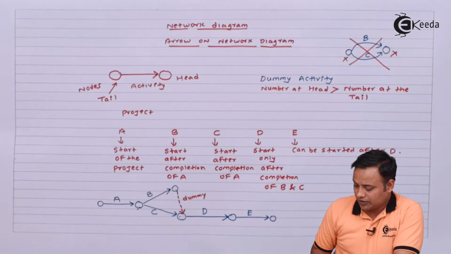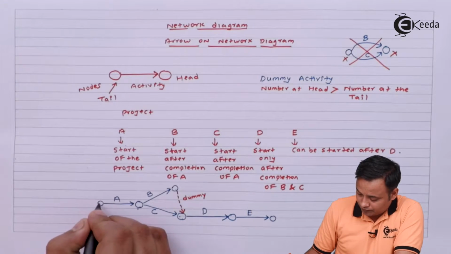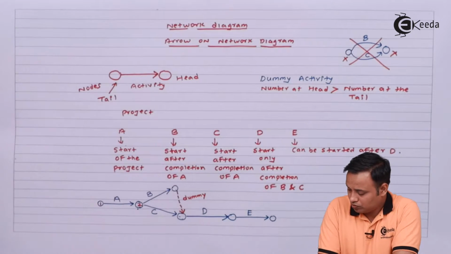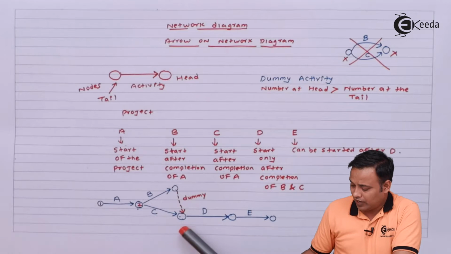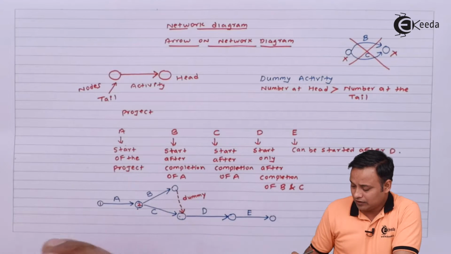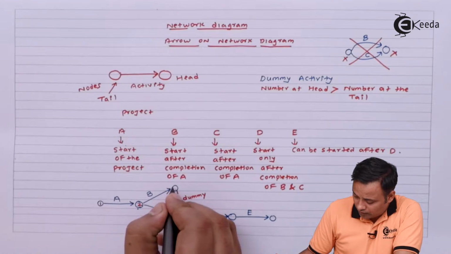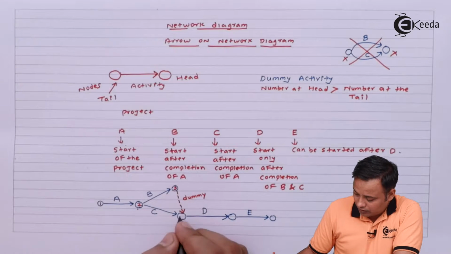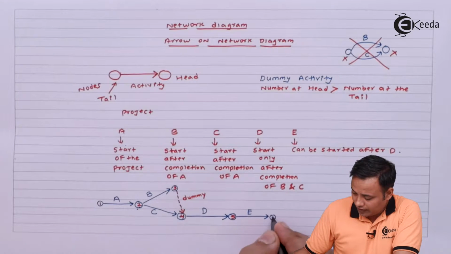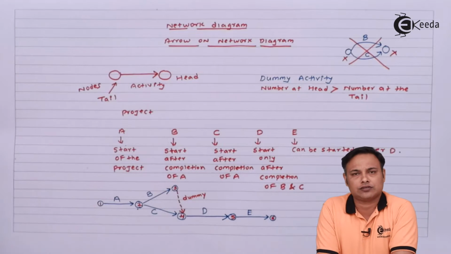So I'll put down the numbers here. 1, 2. If I put 3 here and 4 here, then the tail will become more than the head. Therefore, हम पहले इसको number देंगे 3. Then this shall be numbered as 4, 5, and 6.